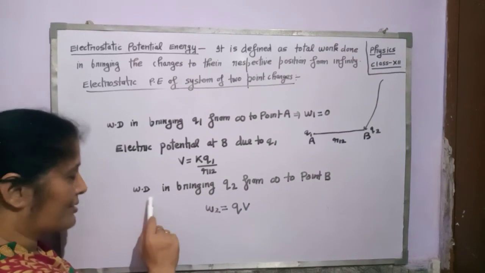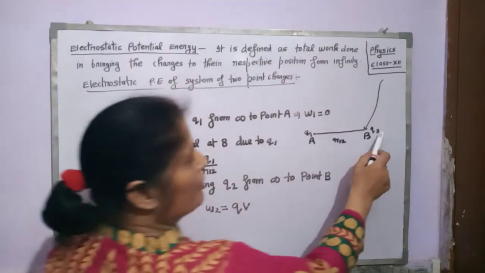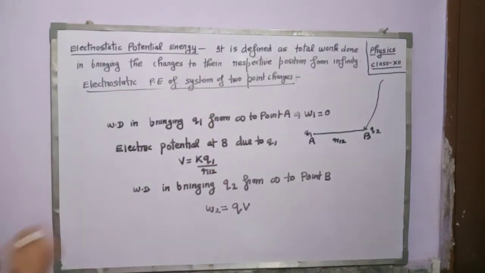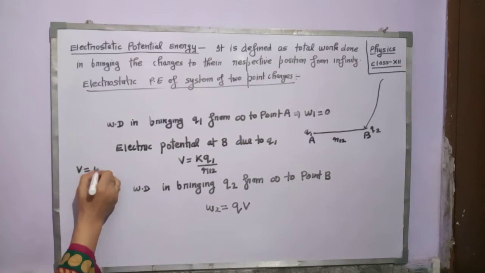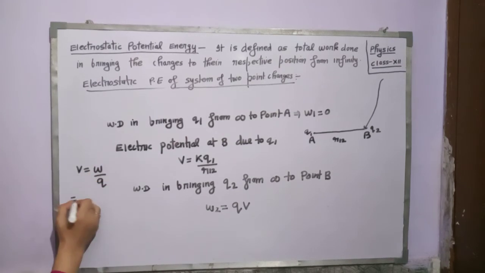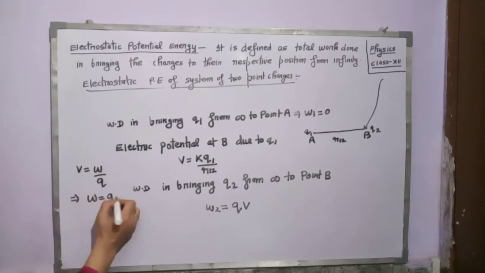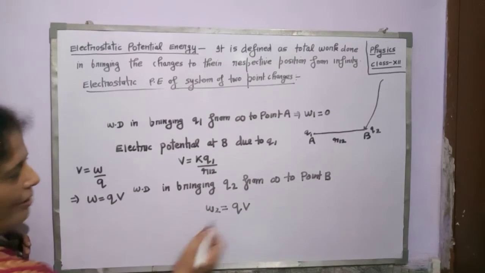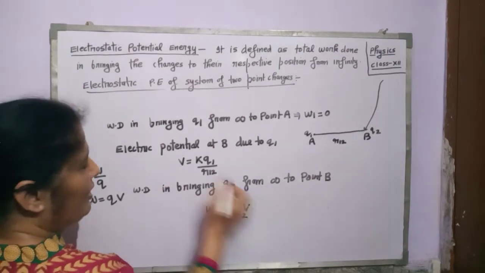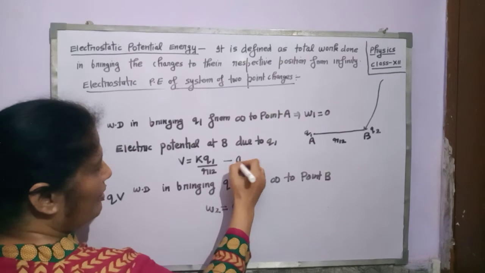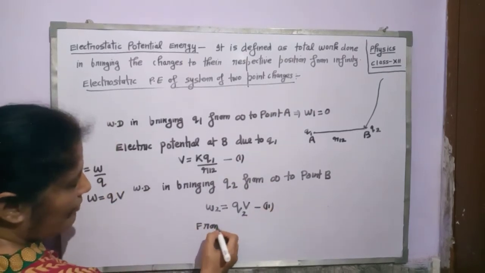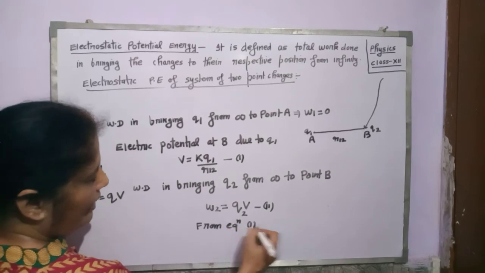Now, what is the amount of the work done in bringing charge Q2 from infinity to this point? As you know, V is equal to W upon Q. This implies that W is equal to Q into V. Here, in place of Q, we have Q2, and in place of V, here is also V. Now substitute the value of V from equation 1 and 2.